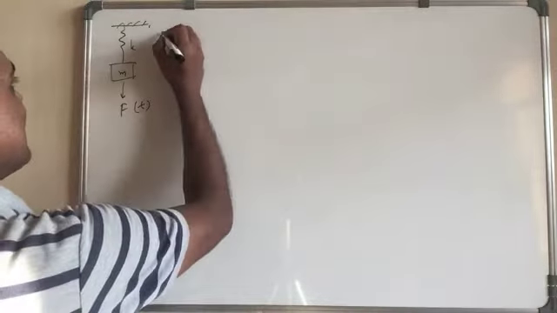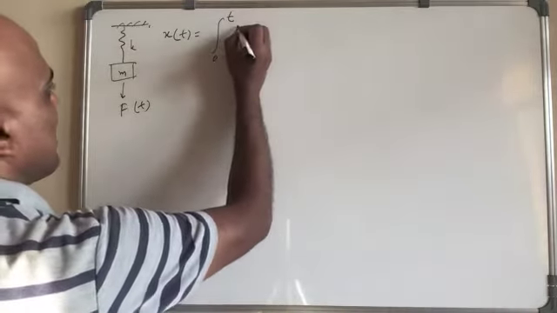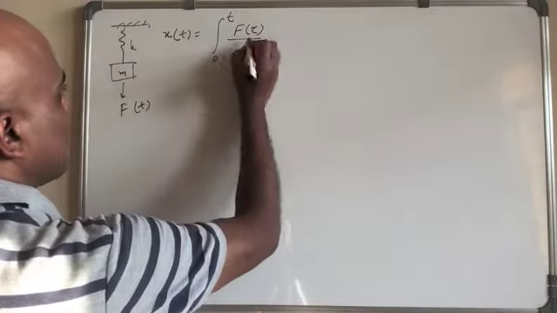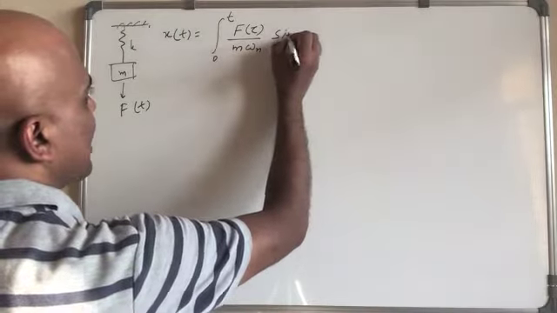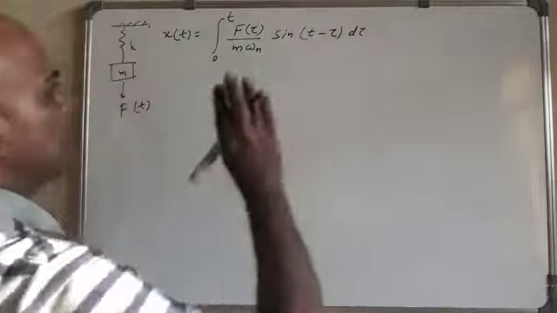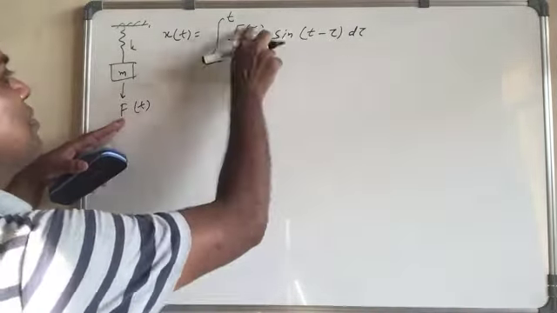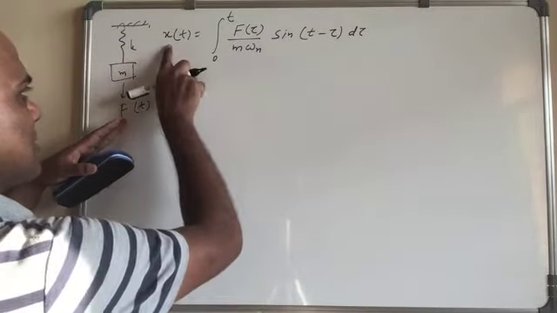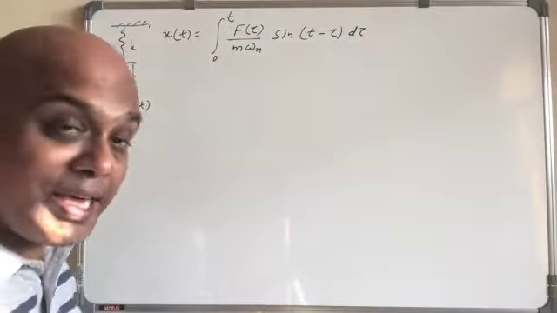We can write x(t) as the integral from 0 to t of F(tau), then divided by m omega n, then sine of omega n times (t minus tau) d tau. So we are saying if any force you put here and you integrate, you get the displacement because of that force.